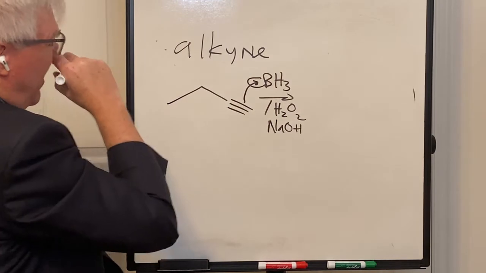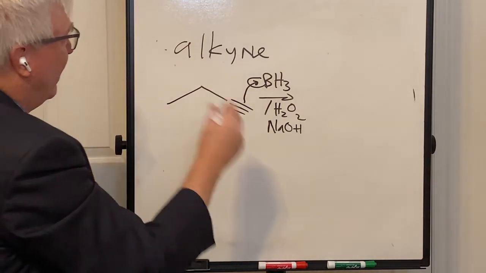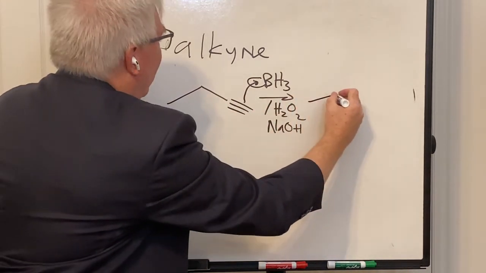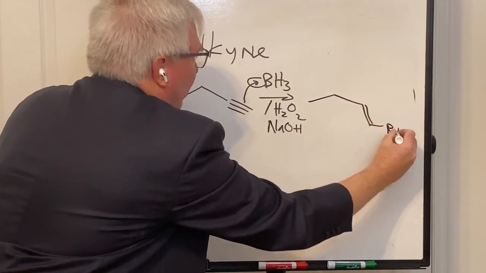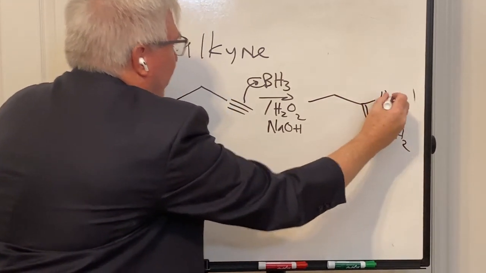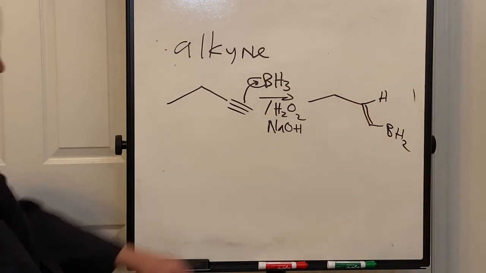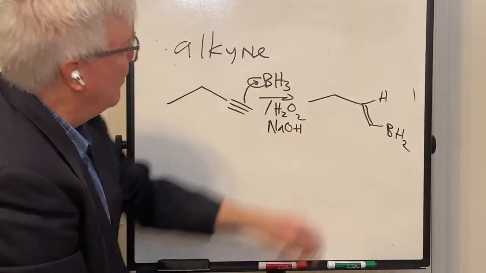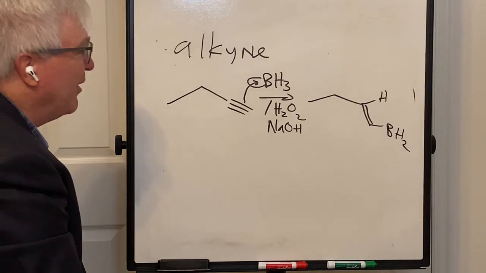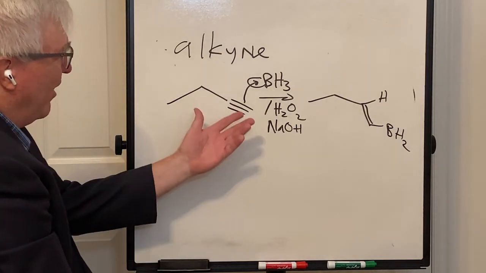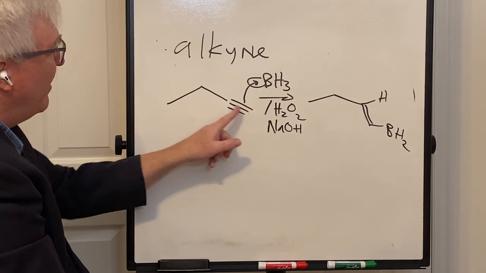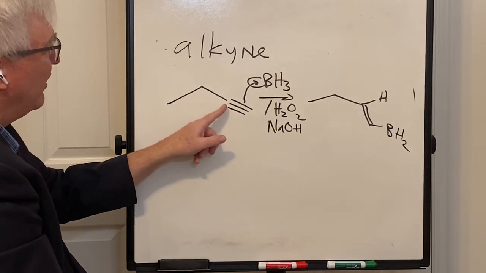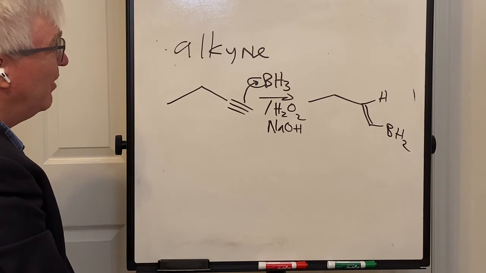We're going to put it on the end, and hydrogen will go in the internal position, and it'll form that. Okay. So we always put the electrophile on the end carbon. So this is anti-Markovnikov addition, but according to modern theory and mechanistic understanding, the electrophile always goes down the end because the positive charge building up internally is more stable.